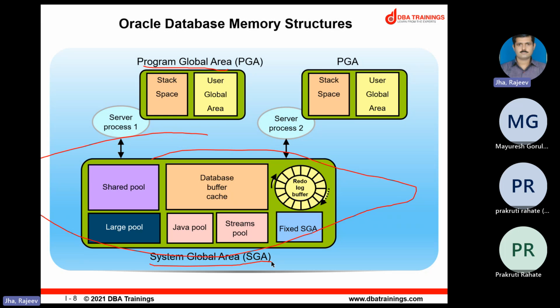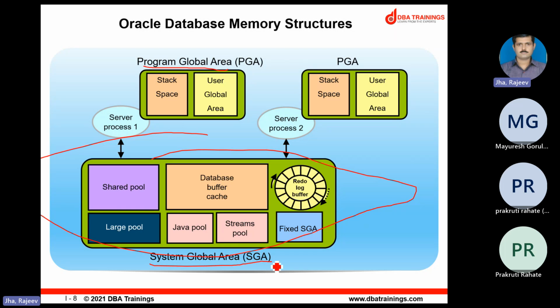PGA is not shared memory. When a server starts a background process, it accesses a PGA exclusive to that server process. Each server process and background process has its own PGA.